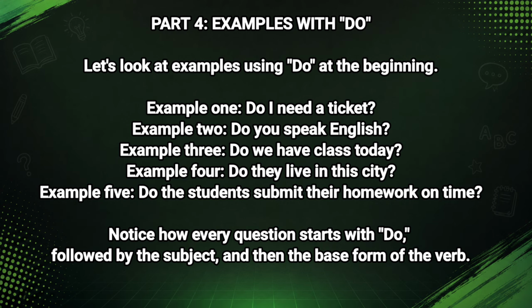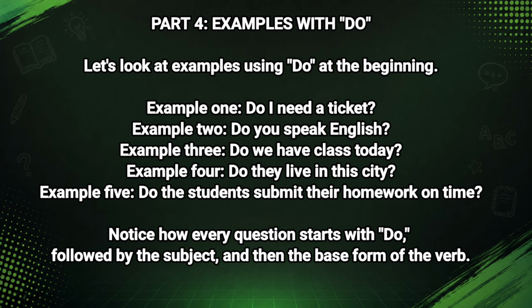Let's look at examples using do at the beginning. Example number 1. Do I need a ticket? Example number 2. Do you speak English? Example number 3. Do we have class today? Example number 4.